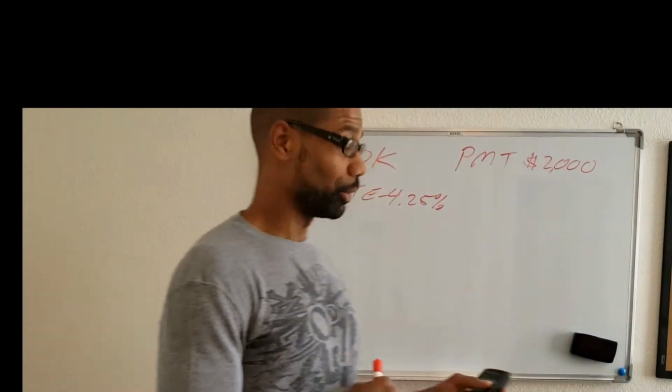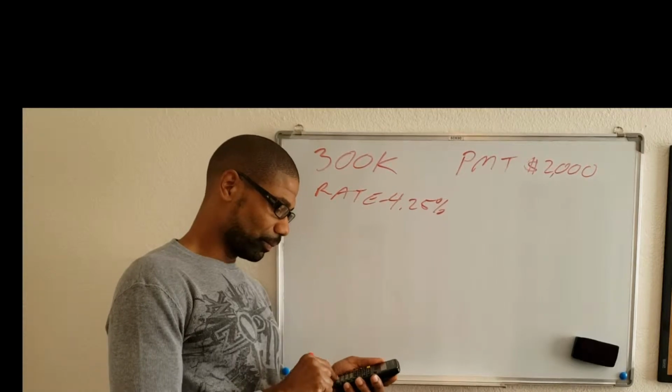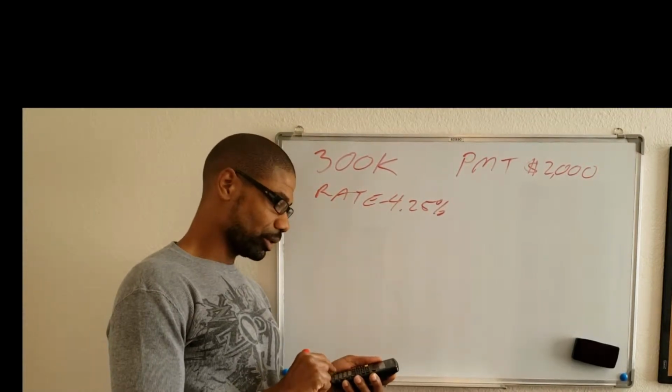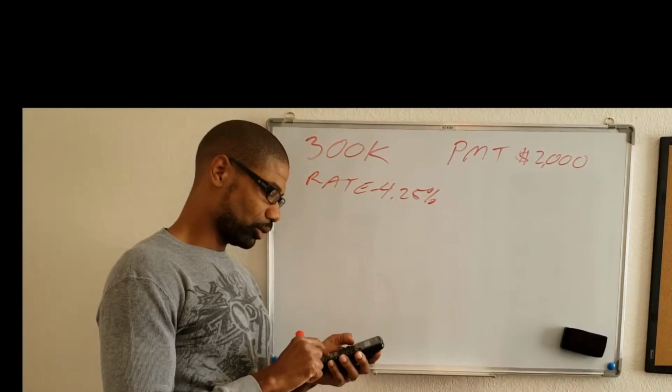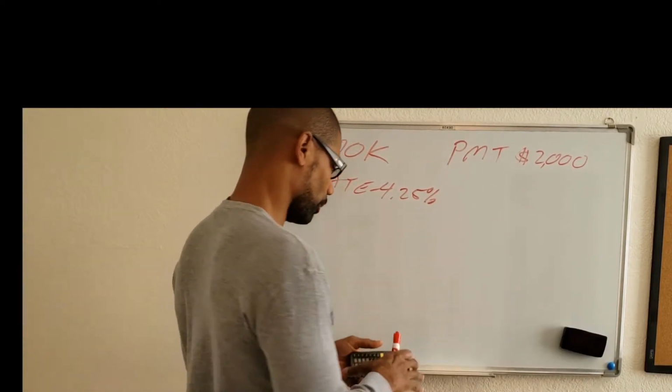There's no way I'm doing this in my head. We're going to use the standard tax rate of 1.25%. So 300,000 times 1.25% is, let me write it up for you.